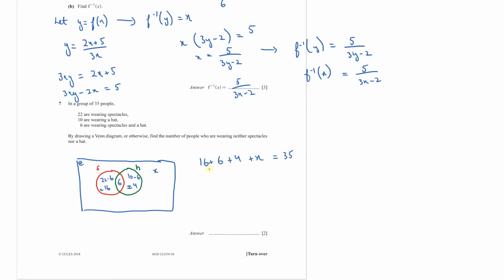So 6 plus 4, 10, plus 16, 26, plus X is 35. And this gives you X equals 35 minus 26, which is 9. So there are 9 people who are wearing neither spectacles nor a hat, which is represented by this number X, which is outside both of these sets.